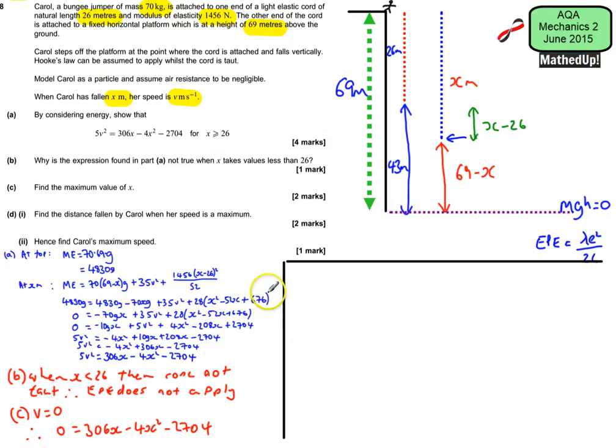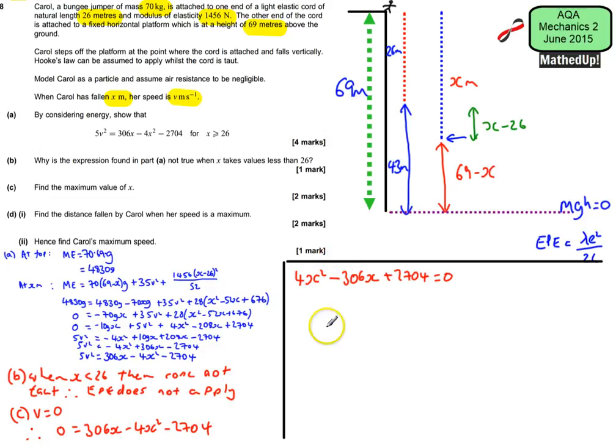I'm just going to write that in a different order. We'll say that 4x squared take away 306x plus 2704 is equal to 0.